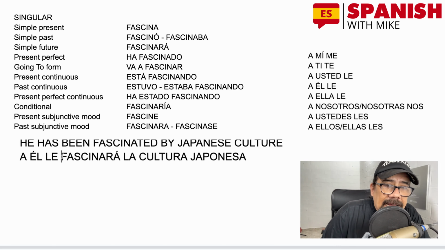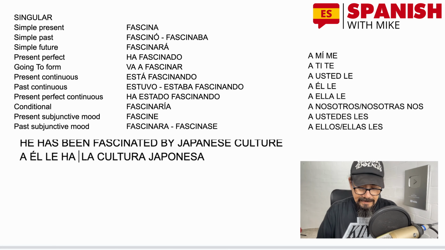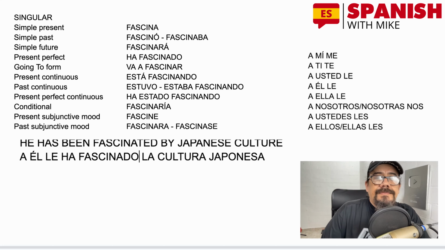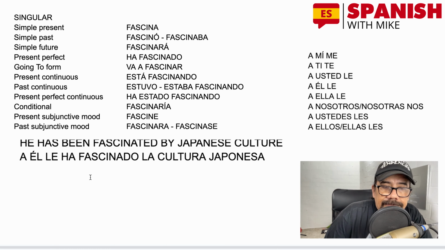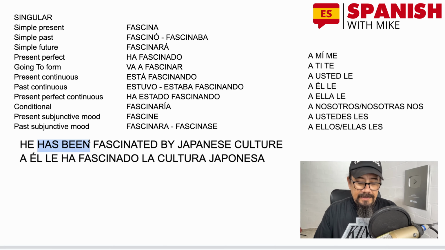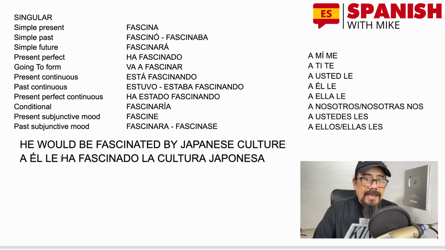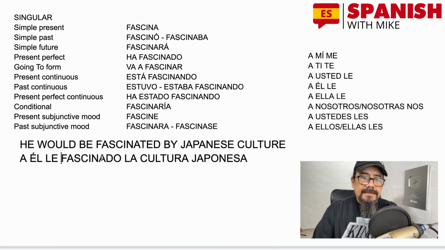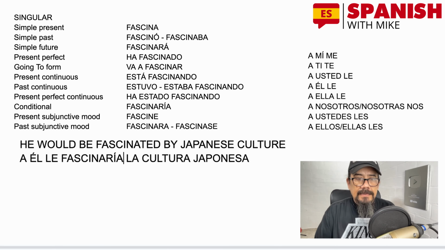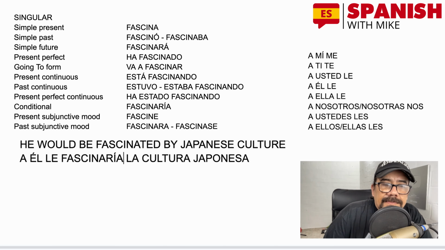A él le ha fascinado. He would be. Whoops, sorry. He would be. A él le fascinaría. And such, following the rules of the conjugation.